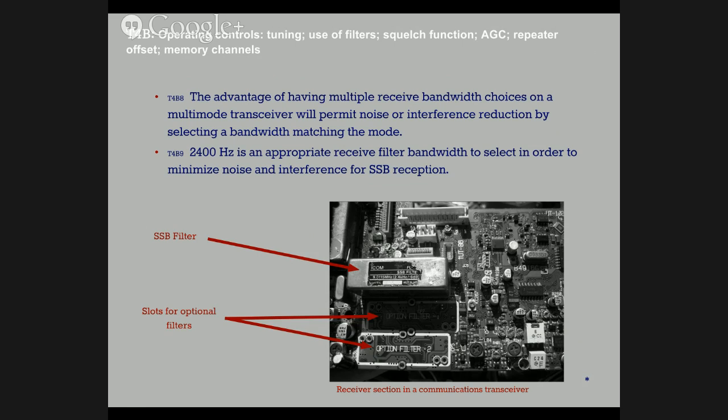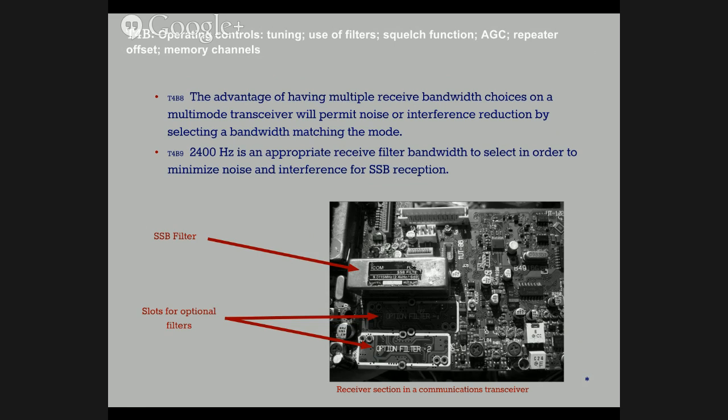For example, CW is very narrowband, so it wouldn't make sense for us to cover 3, 4, 5 kilohertz worth of bandwidth on CW if we're only really worried about a single frequency. And that'll help cut down on interference.